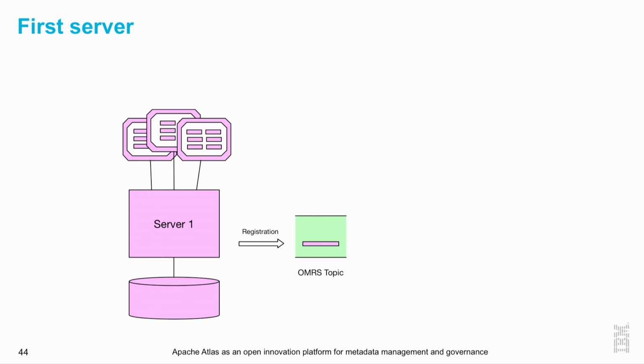When a server connects, the shared infrastructure is a topic. By default, that's a Kafka topic, and the server just needs to know where that topic is. And they post a registration request. If it's the first server, as it is here, that registration request is pretty much ignored because no one's listening.